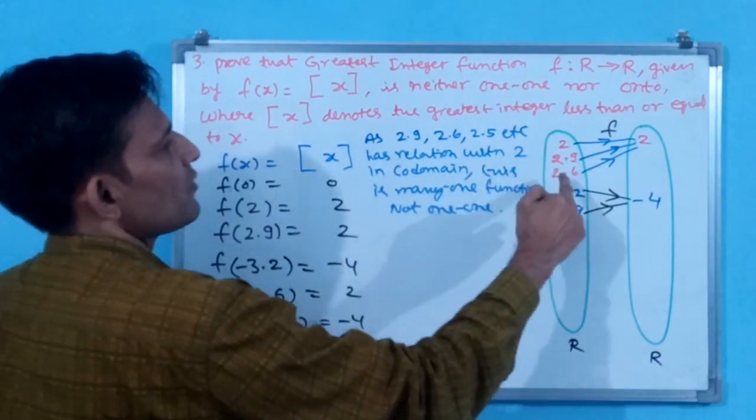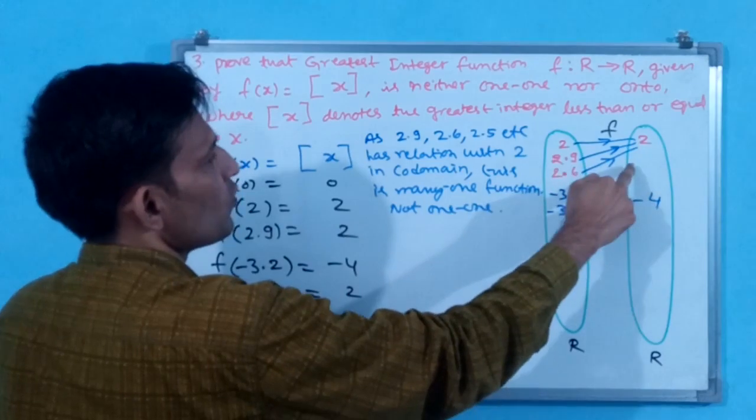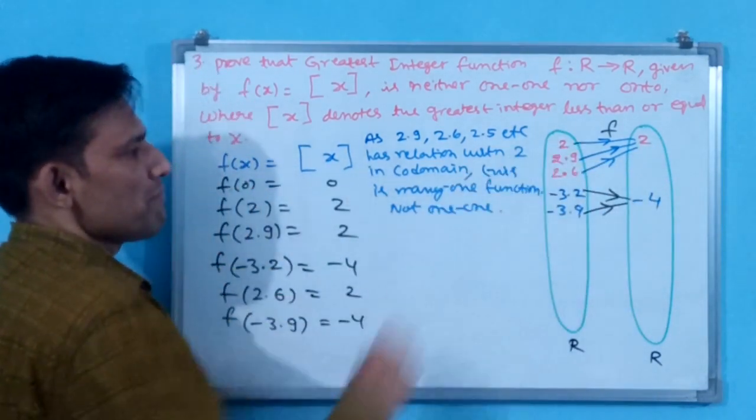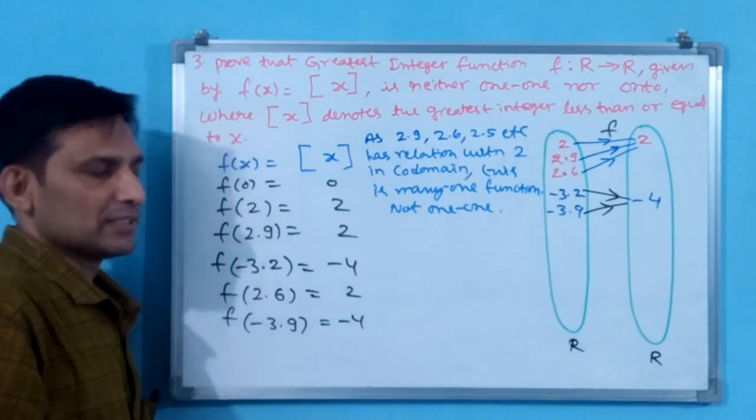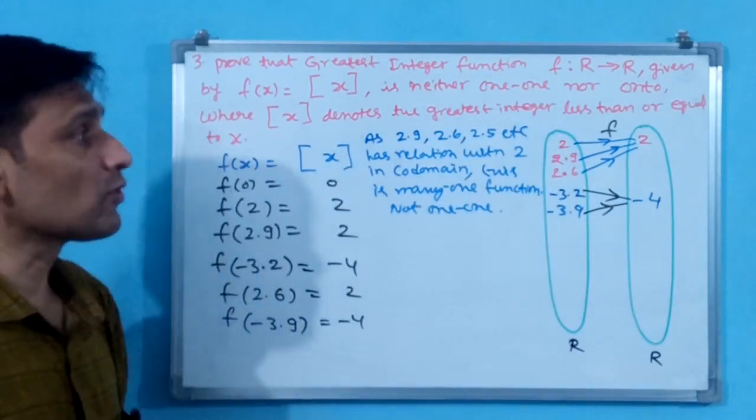As 2.9, 2.6, 2.5, etc. have relation with 2 in codomain, this is many-one function, not one-one function. Okay, now 50% we have closed it.